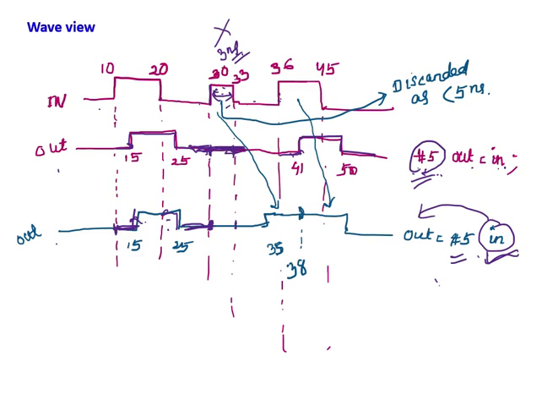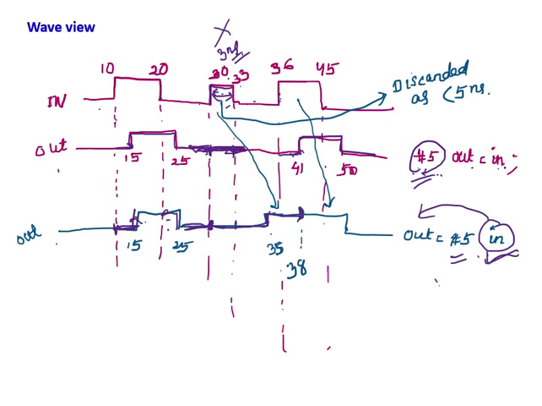So it is 30 plus 5, which is 35 nanosecond, I got the transition. Then it will remain 1 for 3 nanosecond, from 35 till 38 or 39 nanosecond.